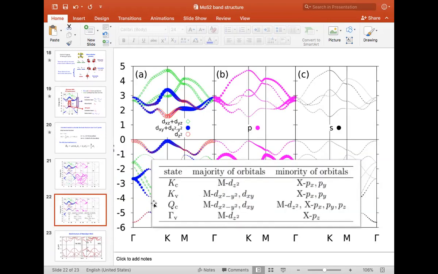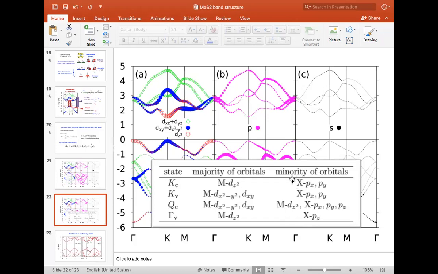Okay. So this is the result that people calculate for the K orbit for the conduction band. Like Kc means conduction band K value. The majority orbit is from M, the transition metal. It's dz squared. The minority is from X, the chalcogen.